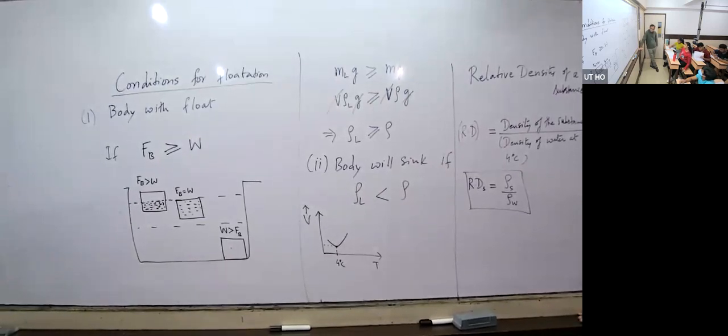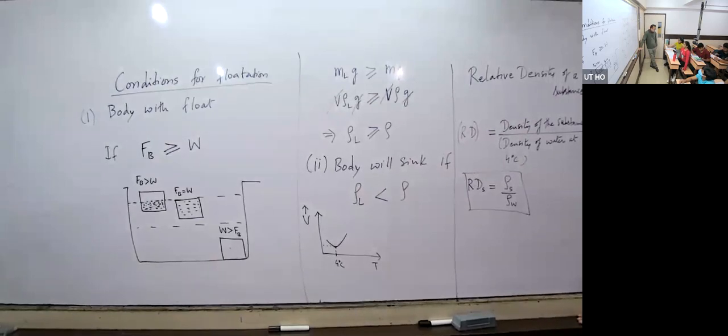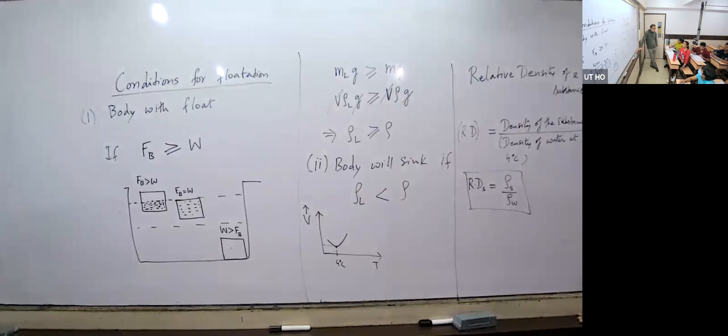Now that you know this, which substances will float in water? Substances that have less density than water. So the substances which have less density than water will have relative density less than 1. Okay, so all the substances whose relative density is less than 1 will float.